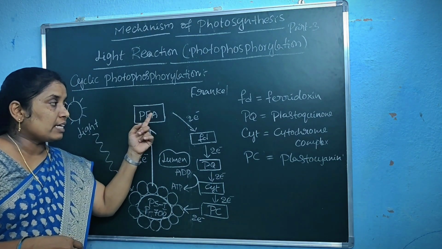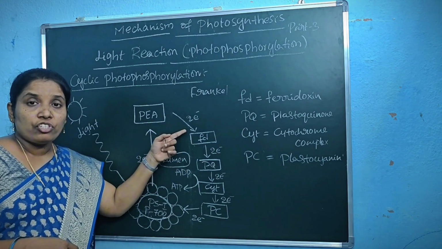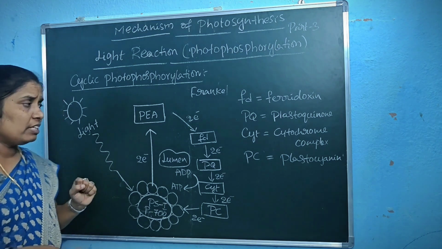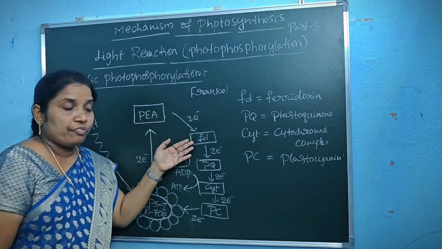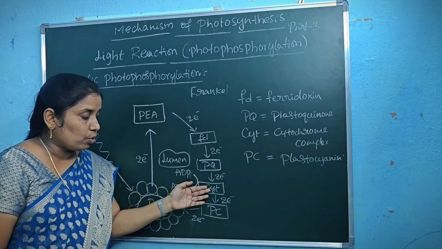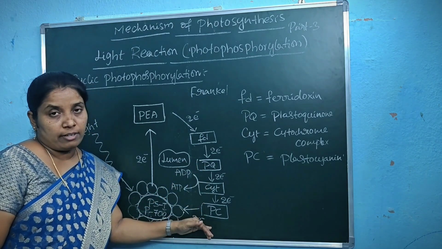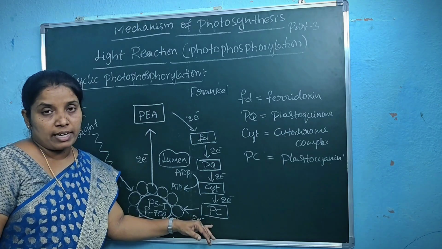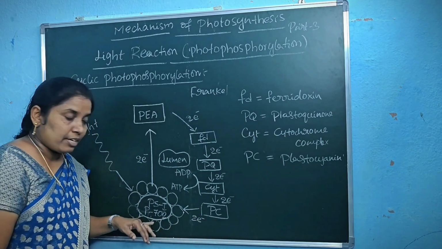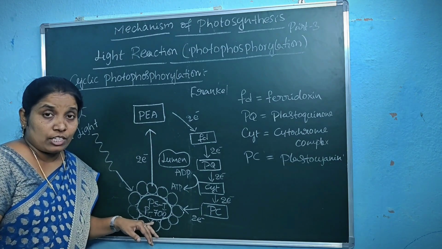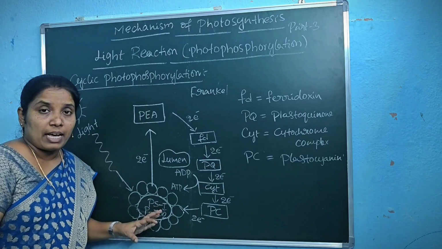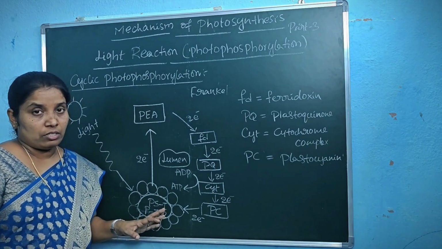Then the electrons are passed sequentially to electron carriers one by one. They are transferred to ferredoxin and then to plastoquinone, then to cytochrome and then to plastocyanin. Plastocyanin is a mobile carrier which finally transfers electrons to the PS1. Finally it gets reduced again. So it's a cyclic pathway.